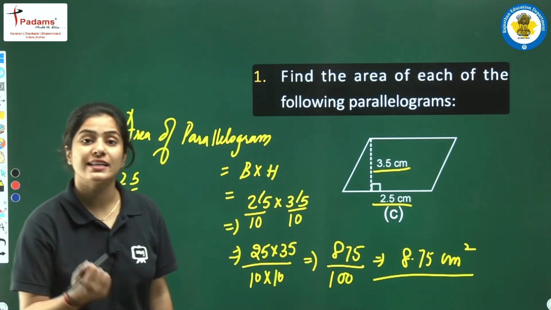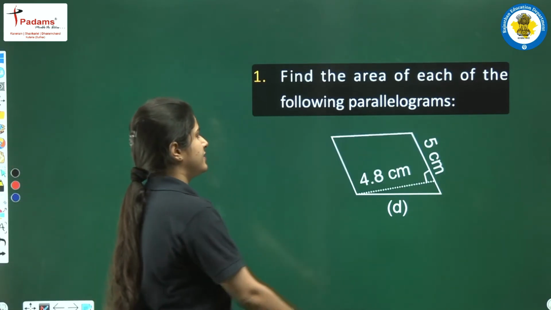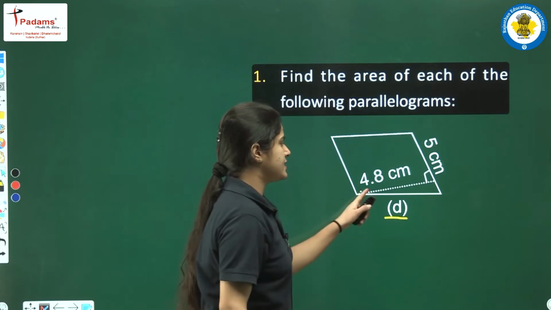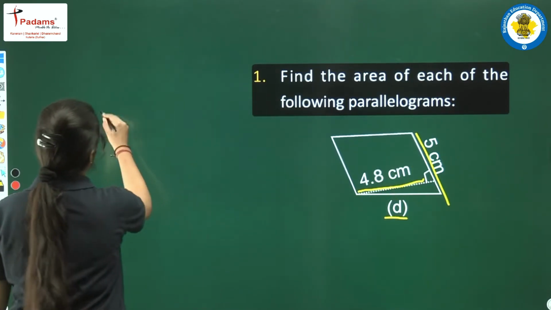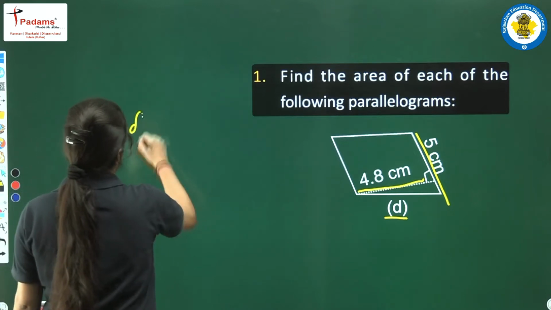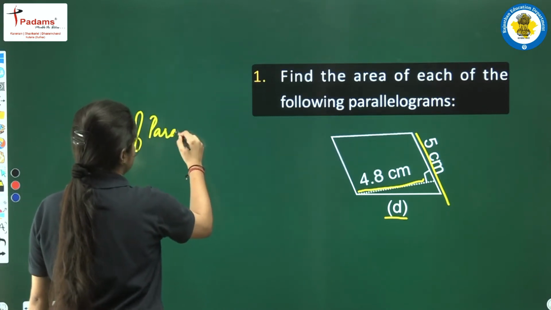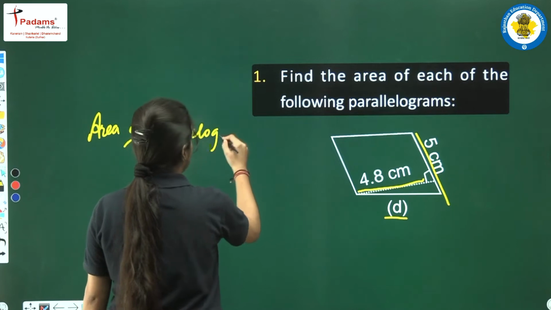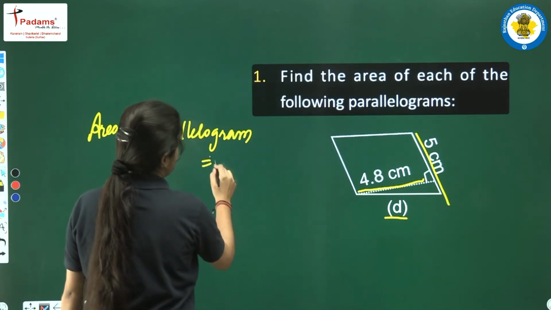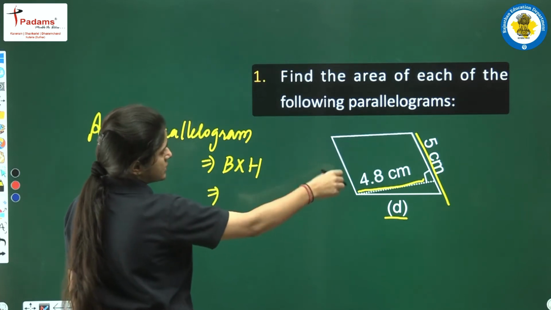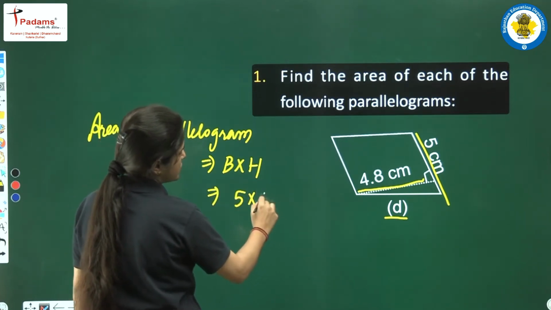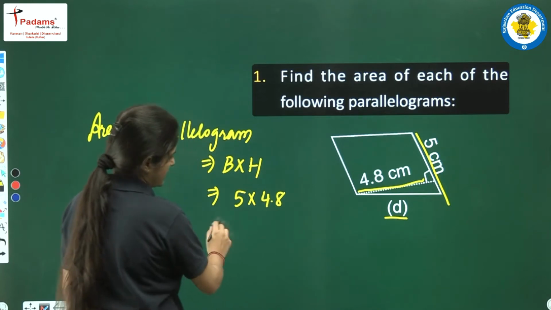Alright students, looking at the next question, what is that? The part D. This is your height and this is your base. Okay, so area of parallelogram is equal to base into height, that is base is equal to 5 and height is equal to 4.8, right?